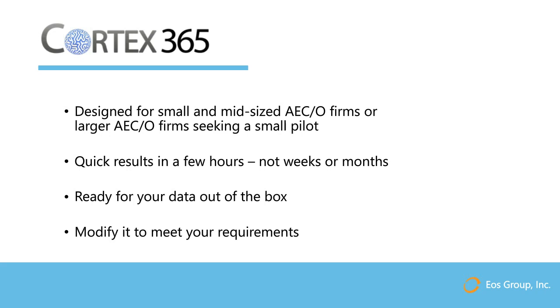Cortex 365 really embodies the basic capabilities of a project history system. Again, we're trying to use that for benchmarking, conceptual estimating, and trends throughout your organization. But it has the goal of speeding the implementation process and making that information accessible to as many users as you like, doing that economically and consistently.